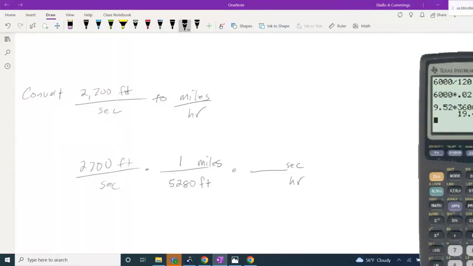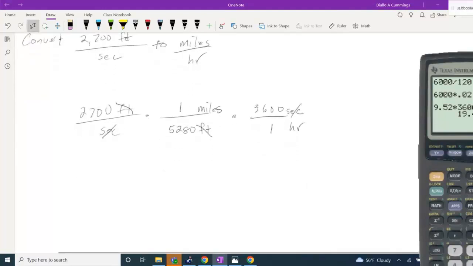And now I'm going to simply write out that conversion. 1 hour is 3,600 seconds. So when we multiply these things across, notice that the unit of feet will cancel and the units of second will cancel. And I'm left with miles in the numerator and hours in the denominator.